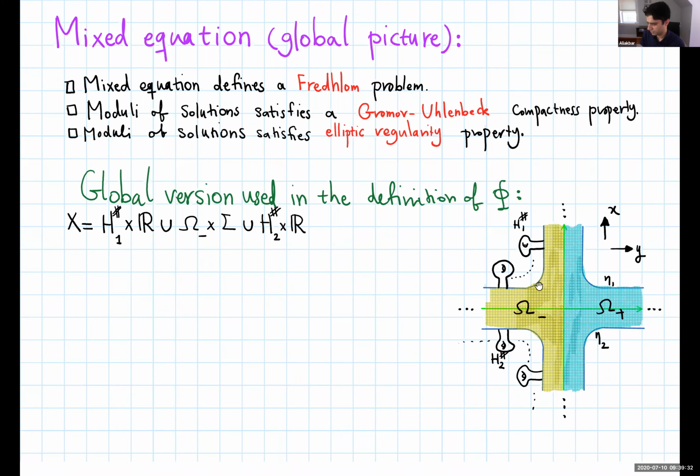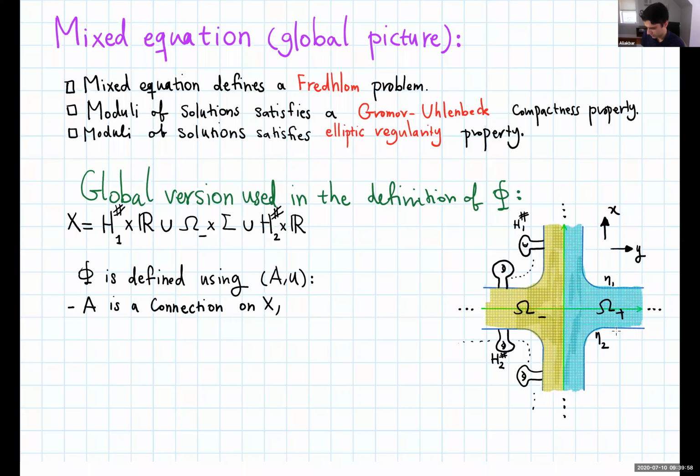And then we use them to form this four-manifold X. There's also some other part, omega plus, which is some region inside the complex plane. And this phi is defined using a pair of a connection and a map from omega plus.